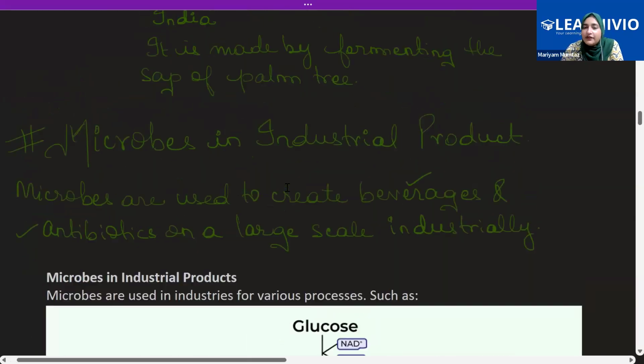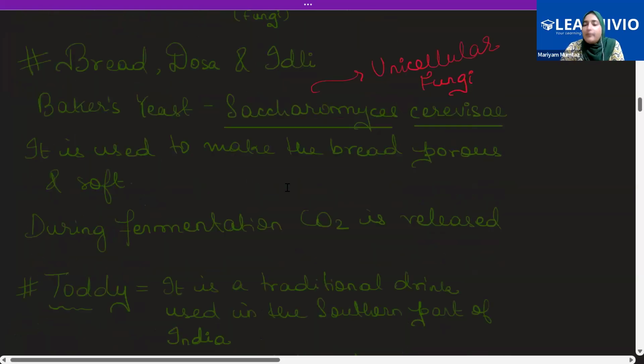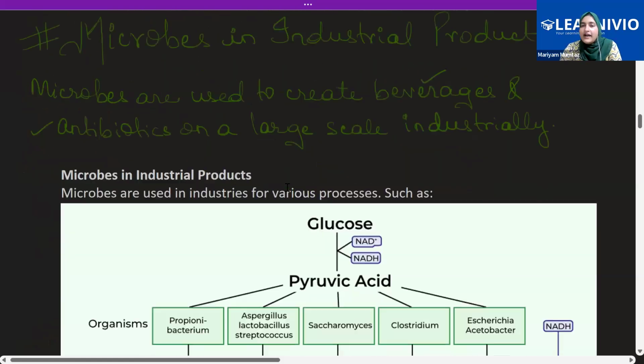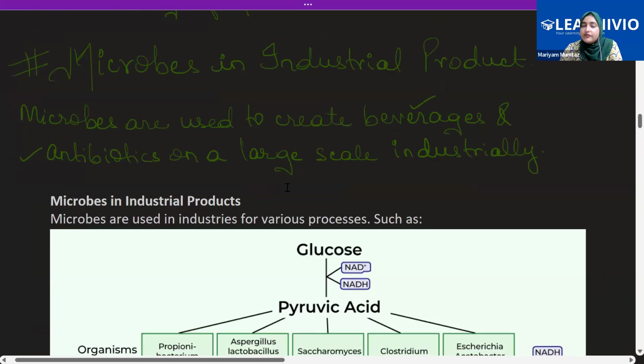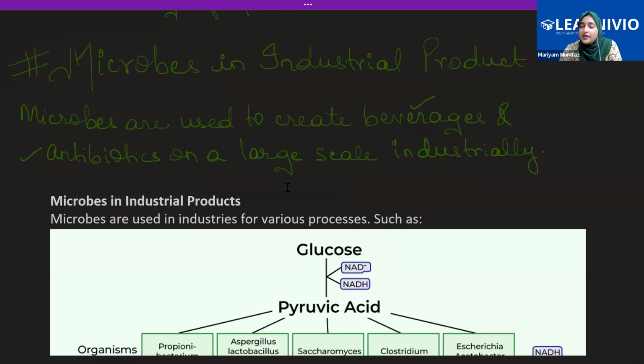Now, this was the first set, that is usage of microorganisms in household products. After that, we come on to the usage of microorganisms in industrial products. Industrial products means those products that are created in industries and sold on a large scale, right, as a production in industry.